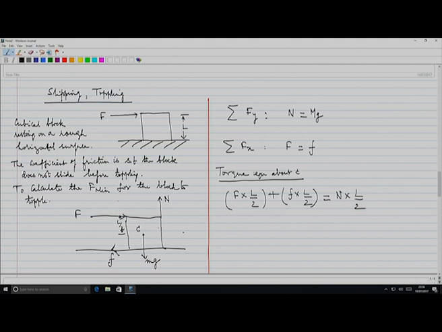This distance is also L by 2. So this gives capital F plus frictional force is equal to N. And we have got it earlier, capital F is equal to f, therefore 2F is equal to N. This implies F is equal to N by 2, and we have shown that N is mg, when we balance the forces along the y direction.